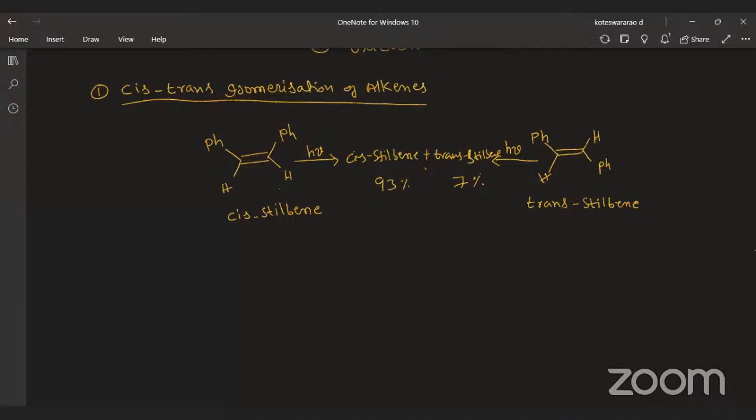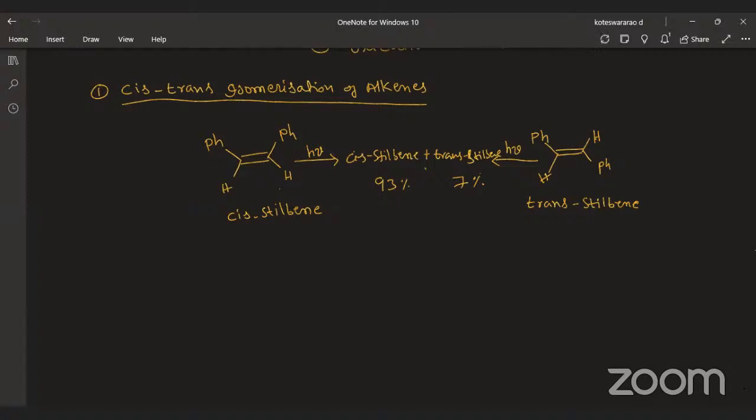Before discussing the mechanism of that reaction, this is the cis-trans isomerization of olefins, or cis-trans isomerization of alkenes. That means one isomer is converting into its corresponding geometrical isomer.